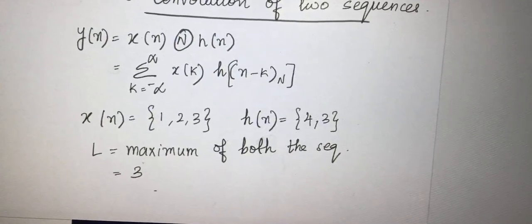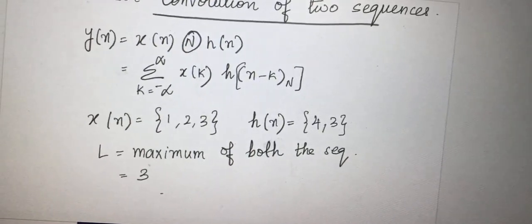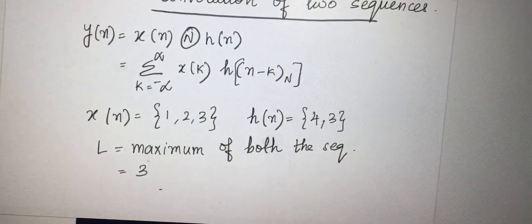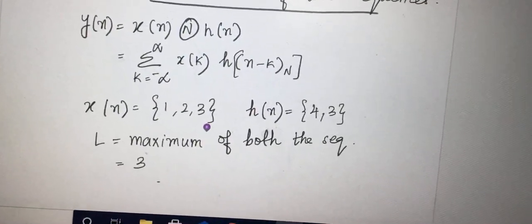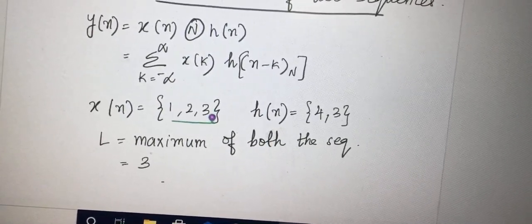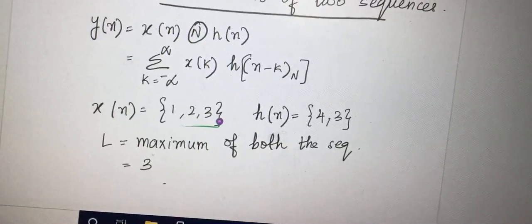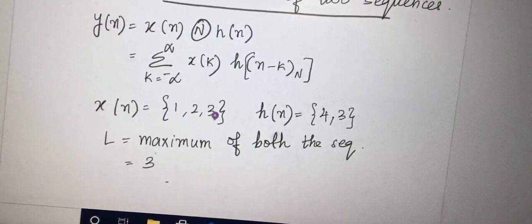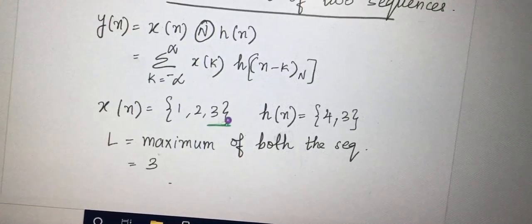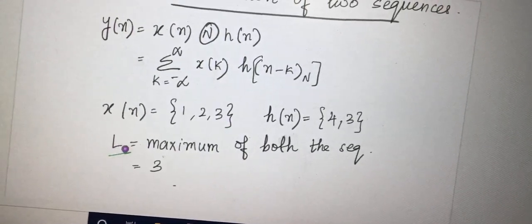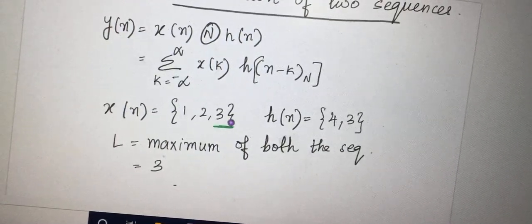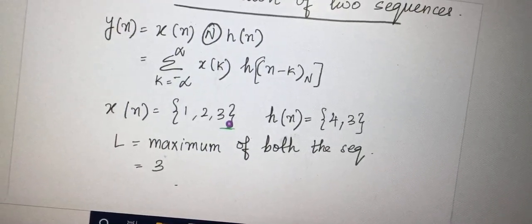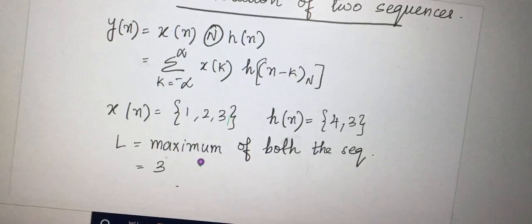In order to make this sequence equal to 3, there is no need to pad any zeros. While computing in MATLAB, the number of zeros to be added will be equal to L minus length of x of n, that is 3 minus 3 equal to 0. So no zeros should be added.